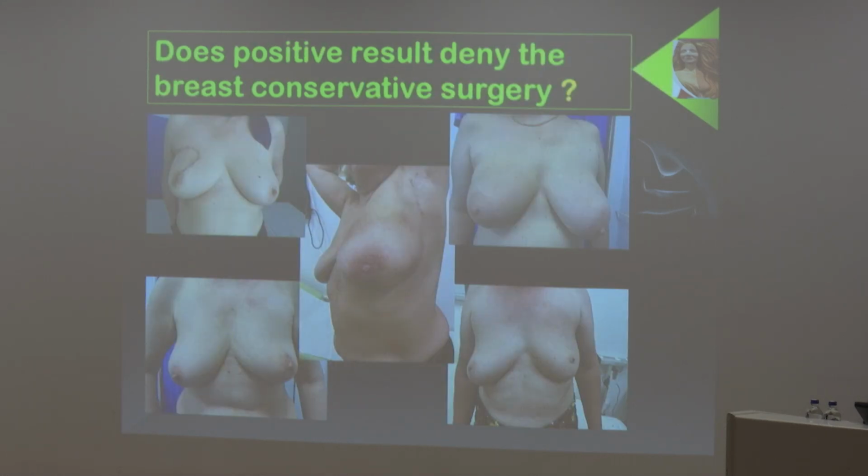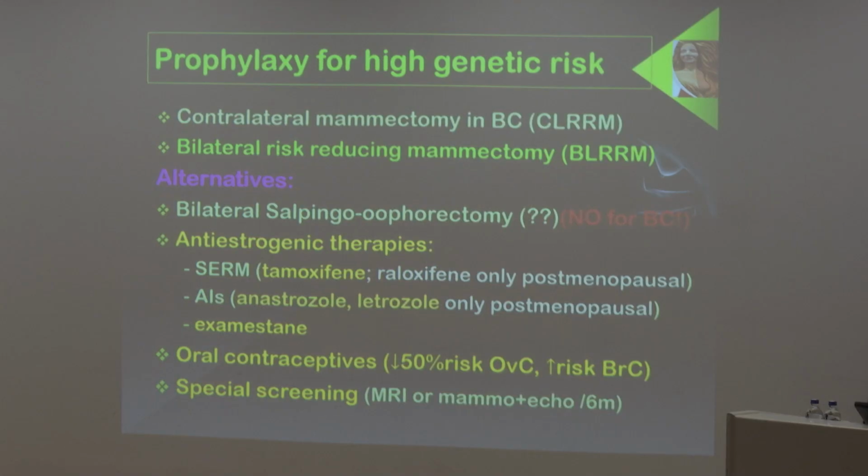Does a positive result deny breast conservative surgery? It's a question that comes before her talk, so we shall answer after that. The prophylaxis in high-risk genetic is a bilateral reduction mammectomy. And can we replace this with something?